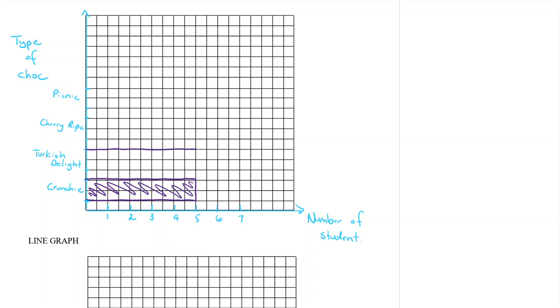So again, it's better if you rule these lines. It's just very hard to use a ruler on here. So nice and neatly. Cherry Ripe is 4. And finally, the Picnic is 7.